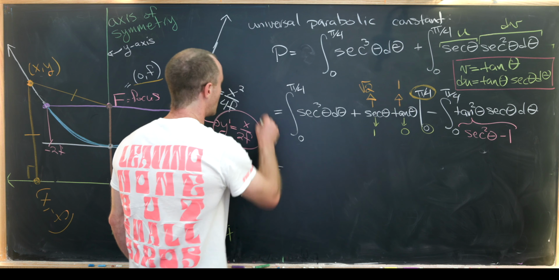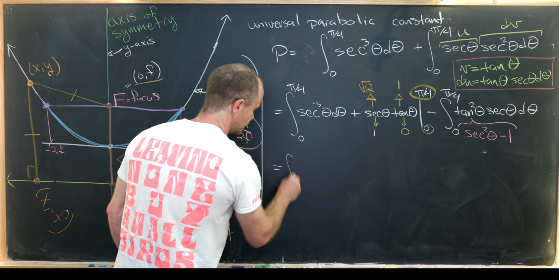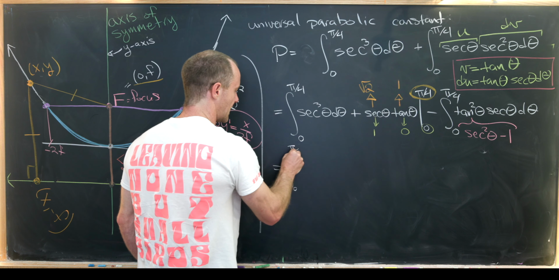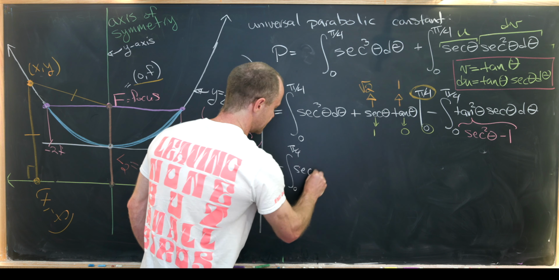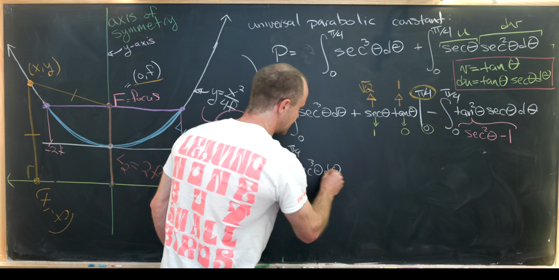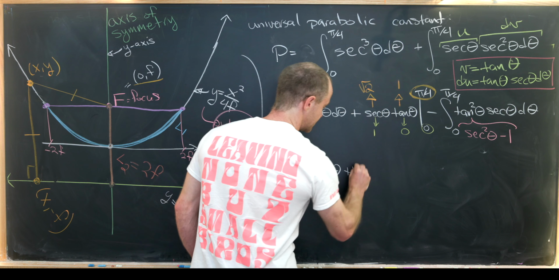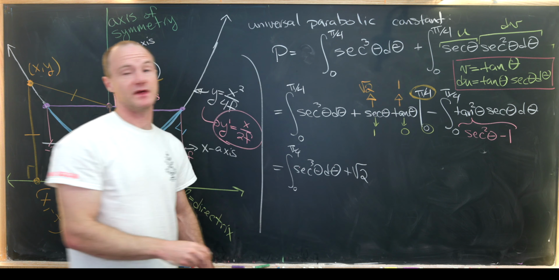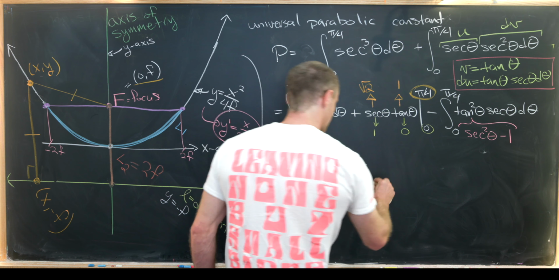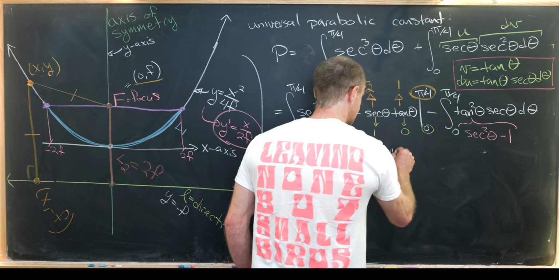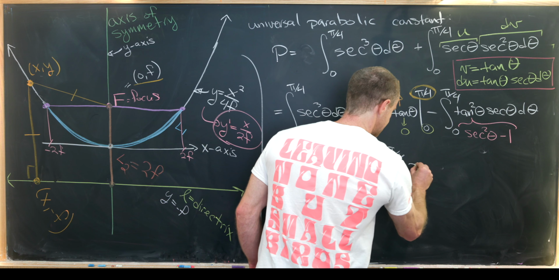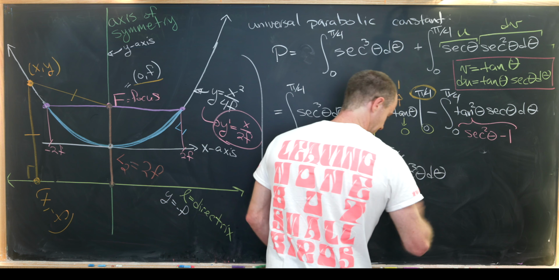So we've got this whole thing is equal to the integral from 0 to pi over 4 of secant cubed theta d theta plus the square root of 2. That's what we get from this. And then minus the integral from 0 to pi over 4 of secant cubed theta d theta.